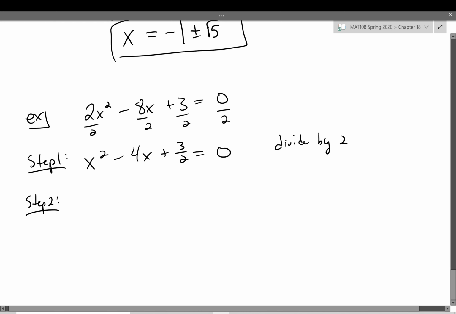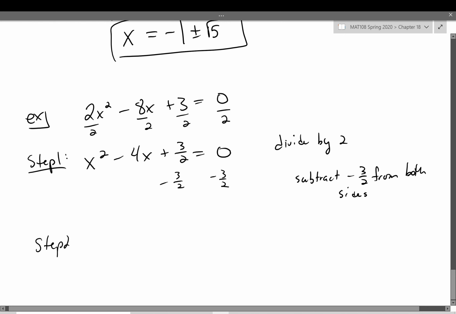Step 2, I'm going to subtract 3 over 2 from both sides, because I need to isolate the x squared minus 4x, okay? So let's go ahead and do that. Minus 3 over 2, minus 3 over 2. So I guess what I'll do down here is, step 2. That gives me x squared minus 4x plus a space equals negative 3 over 2 plus a space, okay?